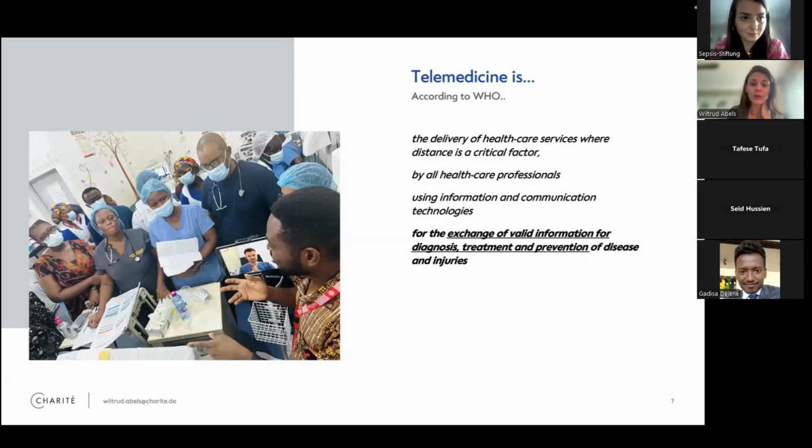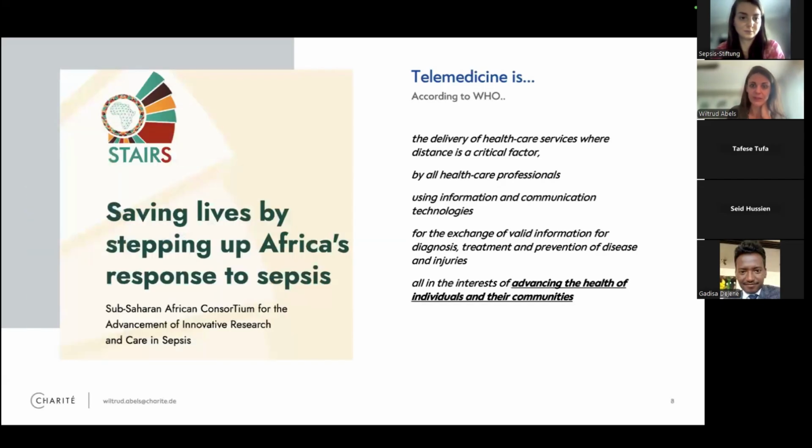And also including the exchange about referral, the need for referral, upward referral for critically ill patients. This is what I recommend. My first recommendation today is that if you think about your own approach, think about this part of the sentence and how you would change it to reflect what you want to achieve with your telemedical approach.